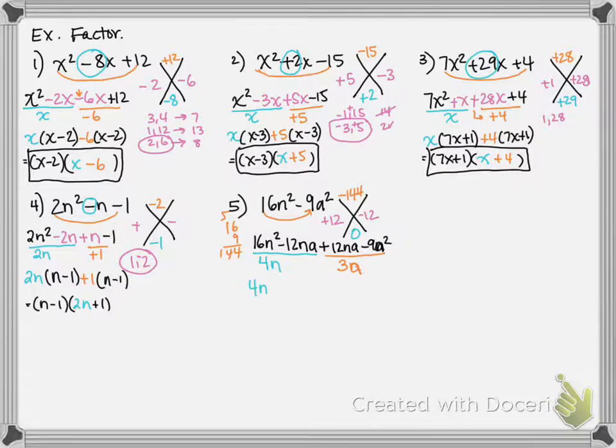So I get 4n times the quantity. See, 16 divided by 4 is 4, n squared divided by n is n, minus 12 divided by 4 is 3, and a divided by n is a. And then we have plus 3a.